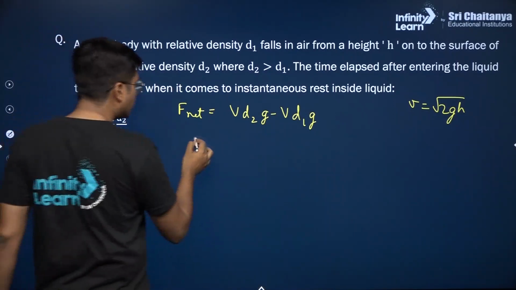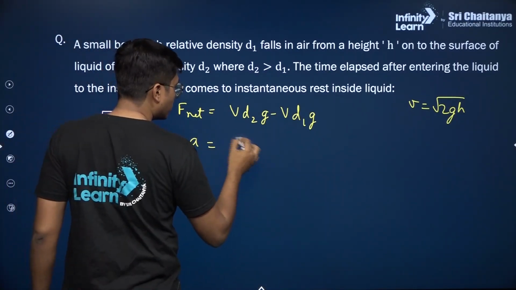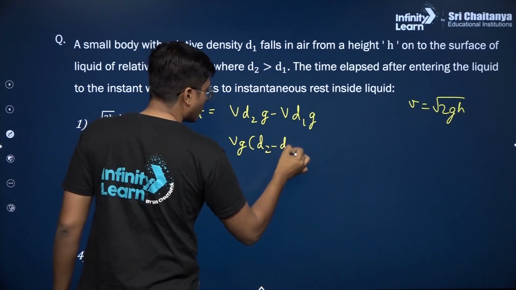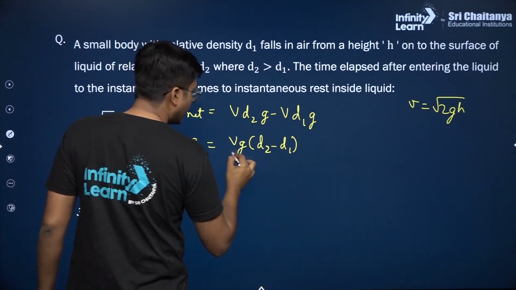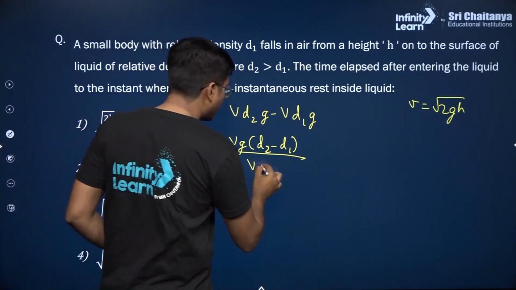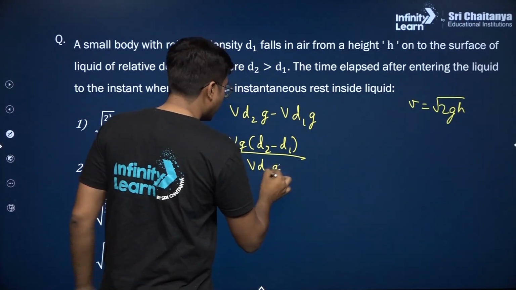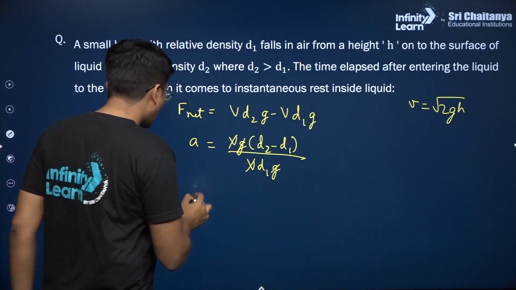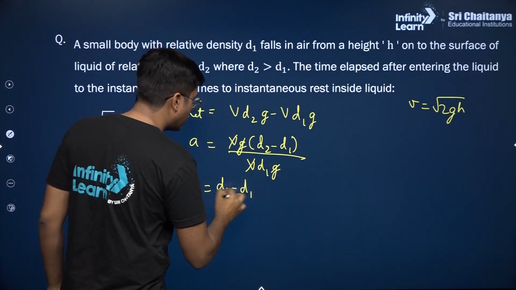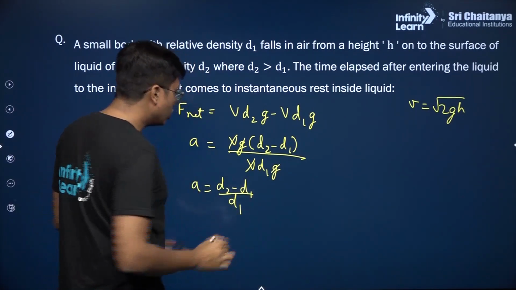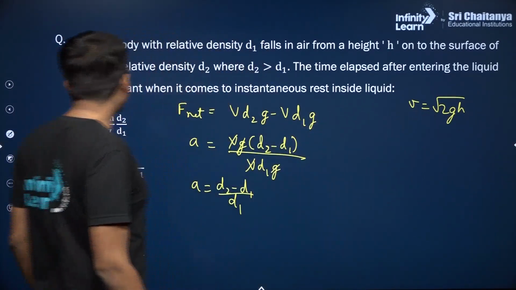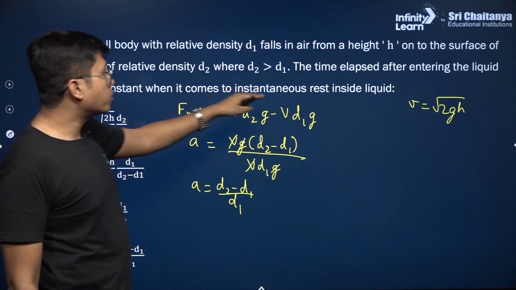So the acceleration is equal to vg into (d2 minus d1), taking common here, divided by the mass. Now the mass is equal to v into d1 into g. Cancel out v's and g's over here. So you have a is equal to (d2 minus d1) divided by d1. So we have the acceleration, we have the speed, we have been asked to find the time after which it comes to instantaneous rest.